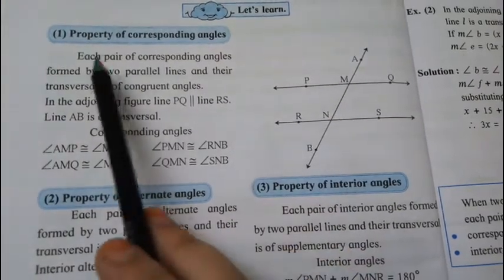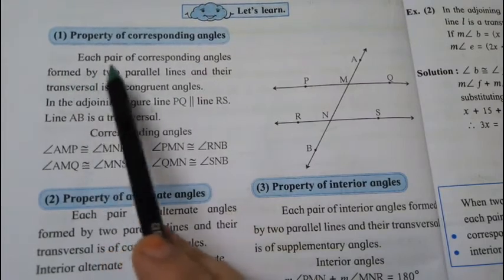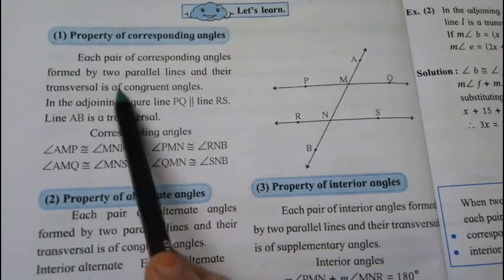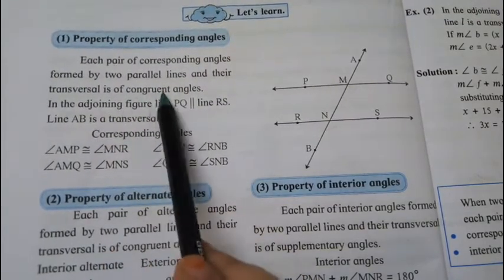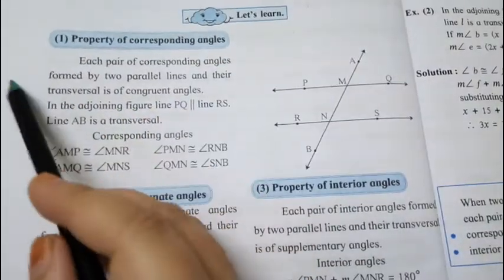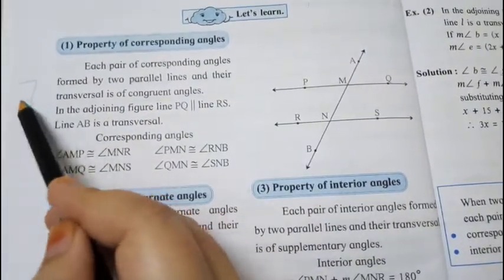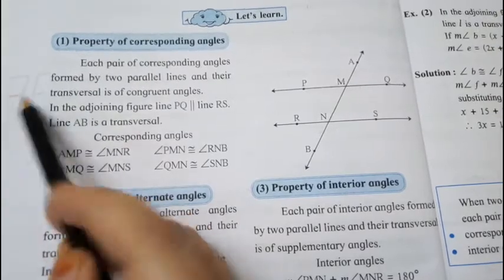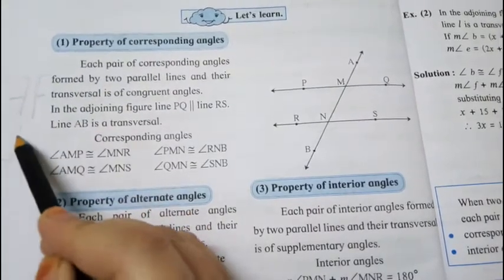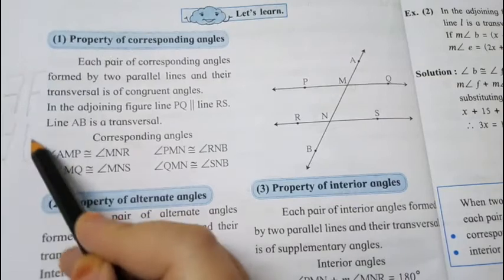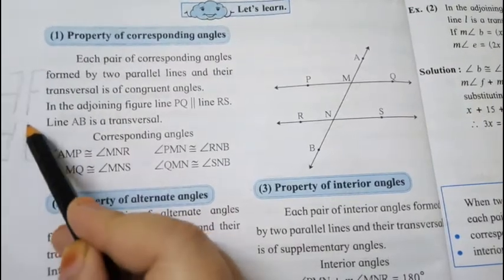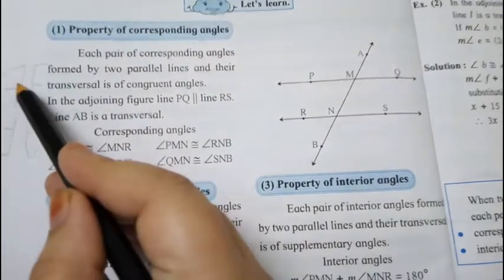Each pair of corresponding angles formed by two parallel lines and their transversal is congruent, meaning equal. The angles formed like the letter F, present over here and here, are the congruent angles.